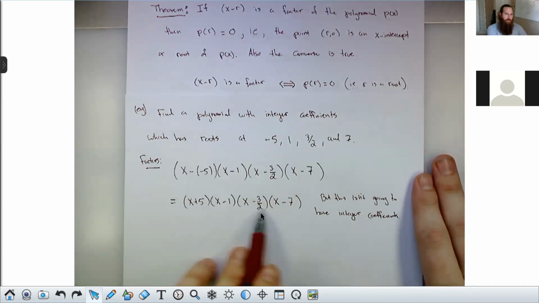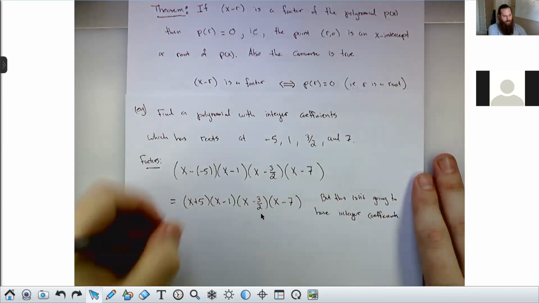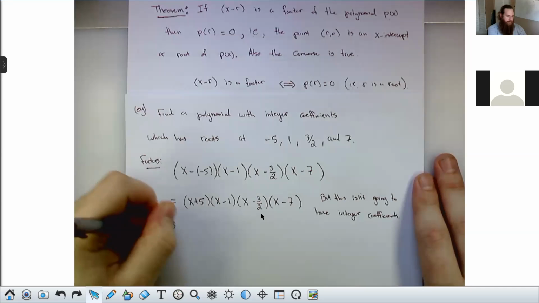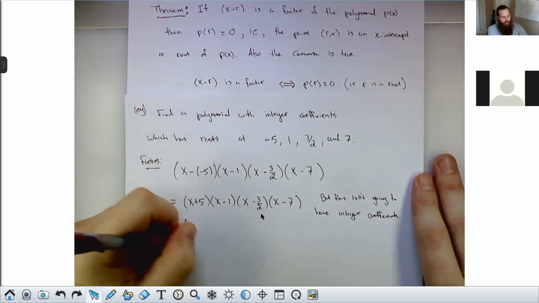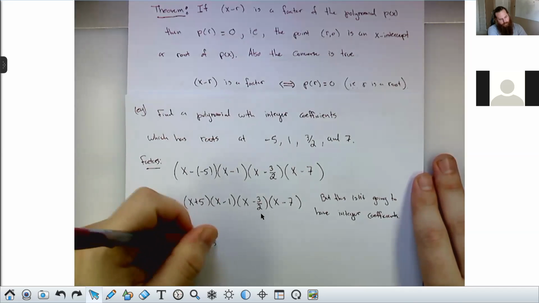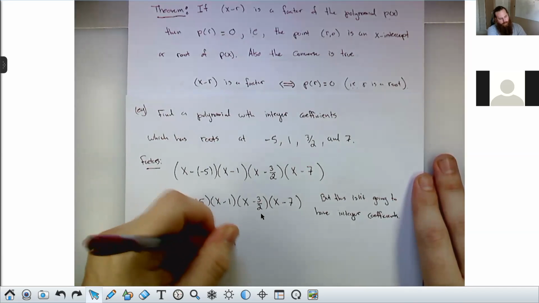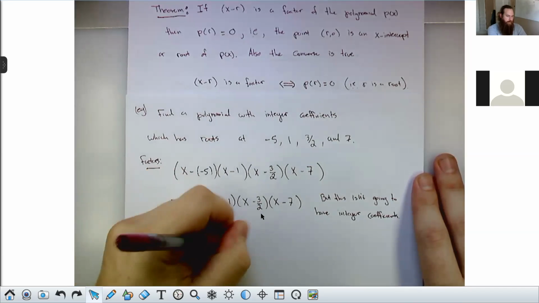So is there another factor I could have used here that would give me that root? All the other factors are good. The x plus 5 is fine. The x minus 1, those give me the roots at -5 and 1.